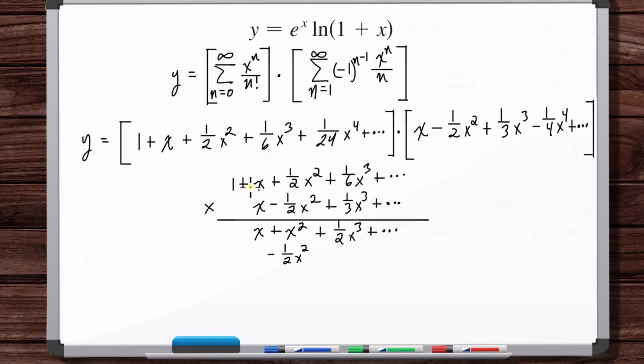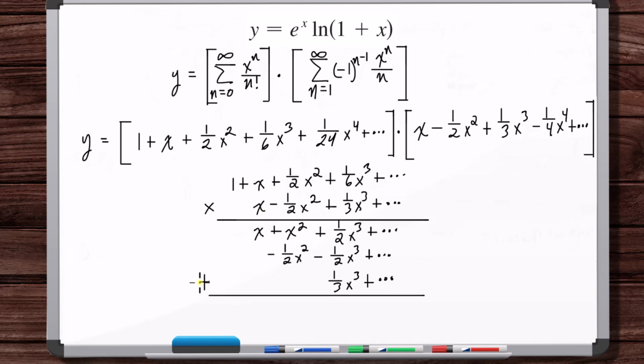Minus 1/2 x squared times x is minus 1/2 x cubed. Now 1/3 x cubed times 1 is 1/3 x cubed, and that's it. If we continued on, we would be multiplying 1/3 x cubed times each one of these. And so that's it.